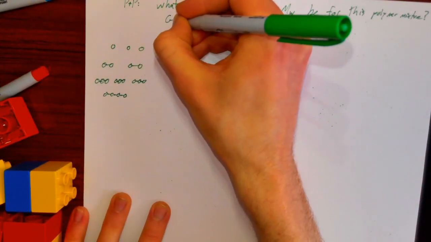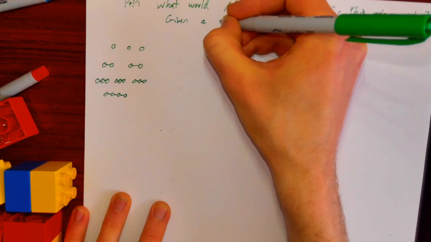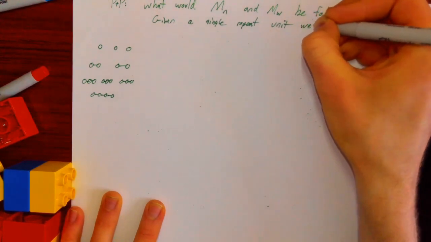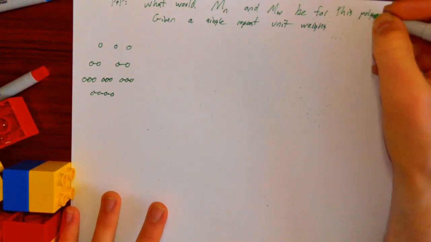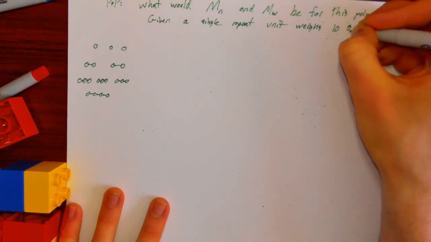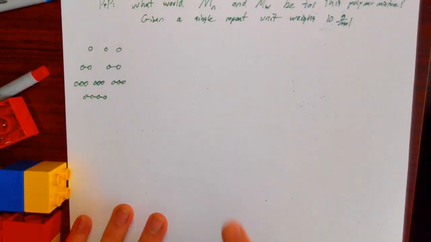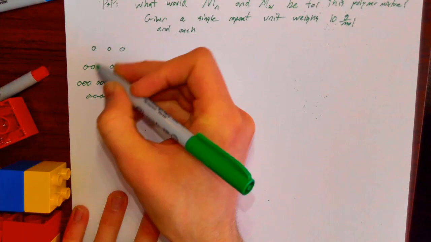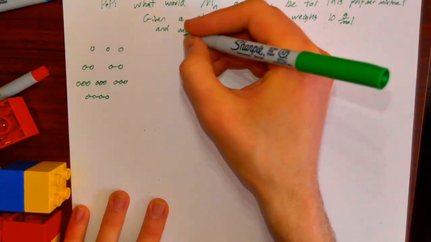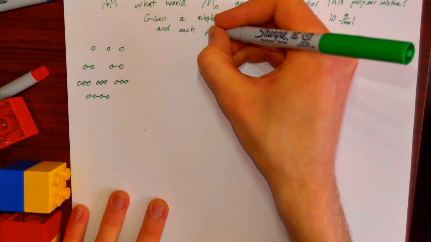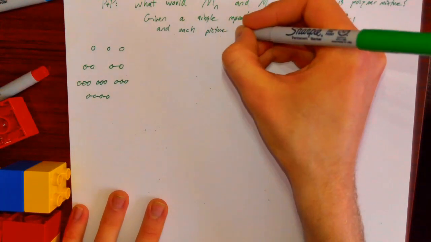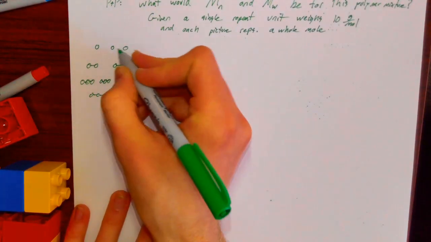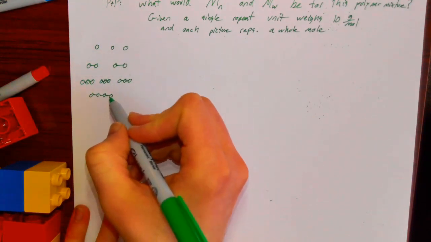And given a single repeat unit weighs 10 grams per mole, and each picture drawn here represents a whole mole of that type, I have 3 moles of this type, 2 moles of this type, 3 moles of this type, and 1 mole of this type.